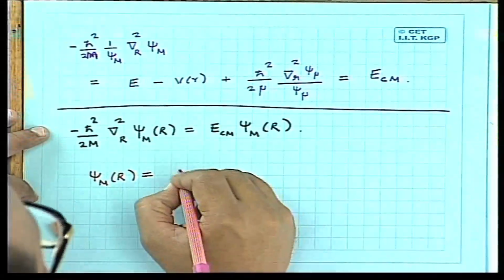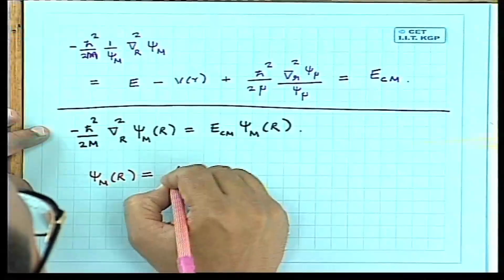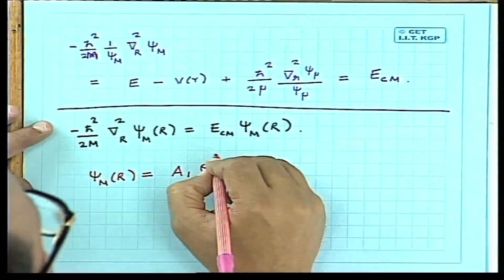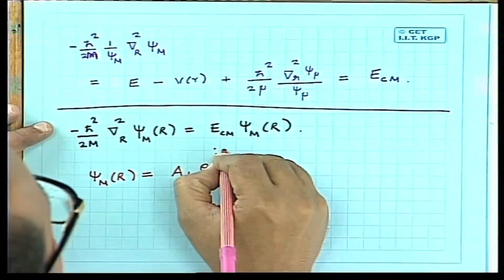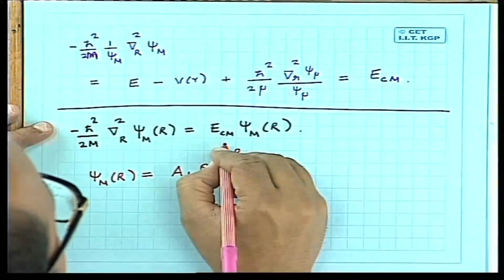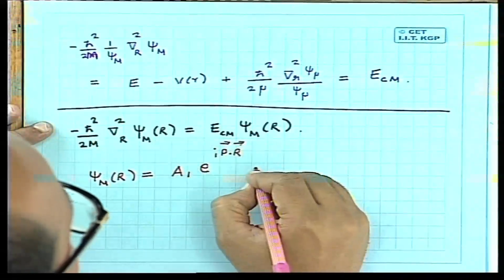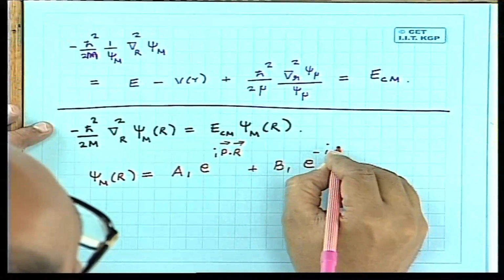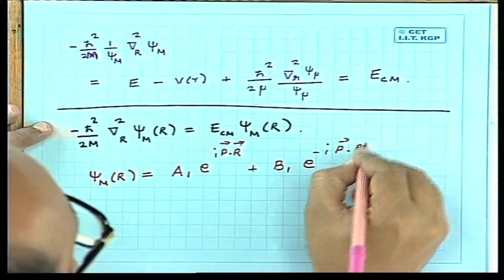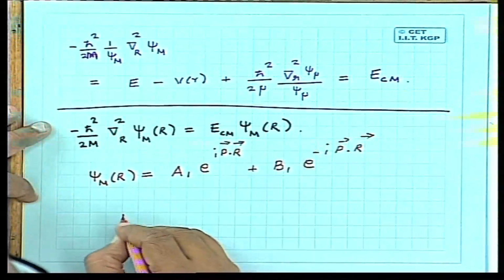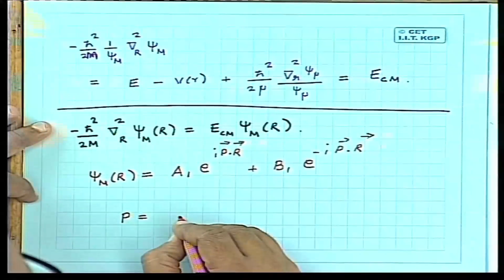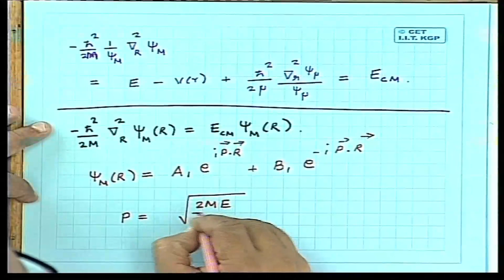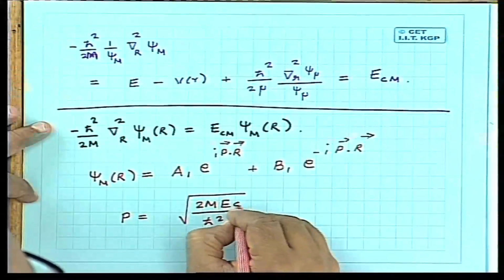So we can straight away write down the wave function for this. This will be equal to some coefficient, let us say A1, e to the power i P dot capital R, plus B1 e to the power minus i capital P dot capital R, where capital P is equal to square root of 2mE by h cross square ECM.